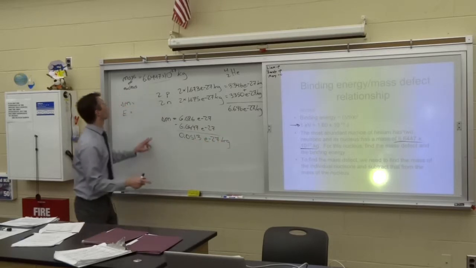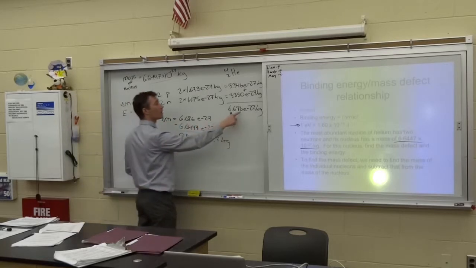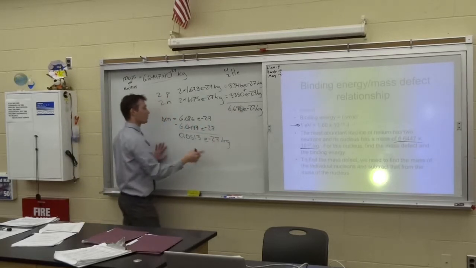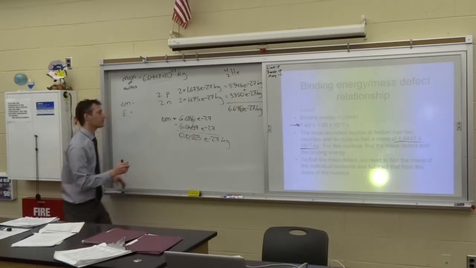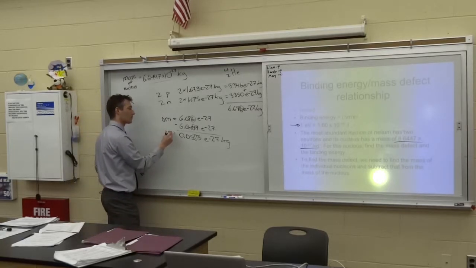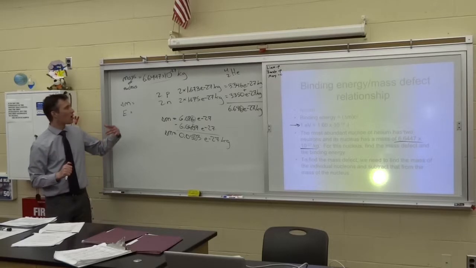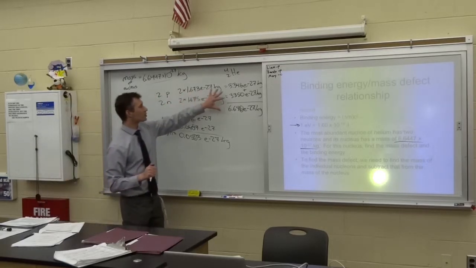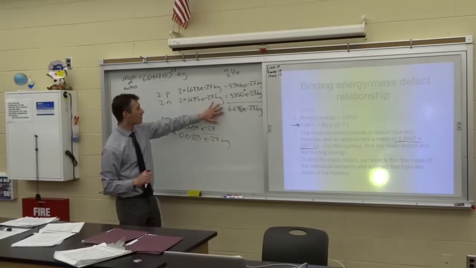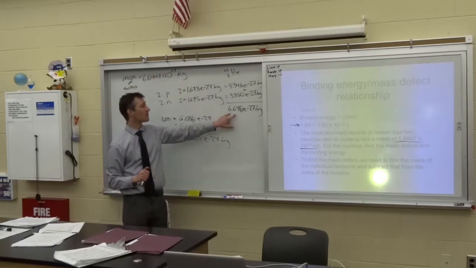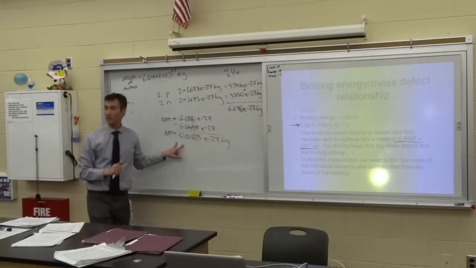All right, well, I did actually, because I didn't lose anything here. So this is precise to here, this is precise to here, so this is precise to the thousandths place as well. All right, questions on finding the mass of my individual nucleons and then subtracting my mass of the nucleus from that total amount to get the mass defect?